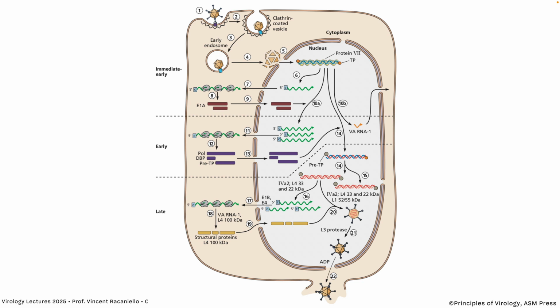And those mRNAs go out in the cytosol and they make the DNA polymerase. So they can go back in the nucleus and replicate the DNA. And then once the DNA starts replicating, it turns on the late promoter, and that gives you the late mRNAs encoding structural proteins, which go back in the nucleus to make virus particles. So 3 steps of regulation, a little more complicated than SV40 because of that immediate early protein that's needed.